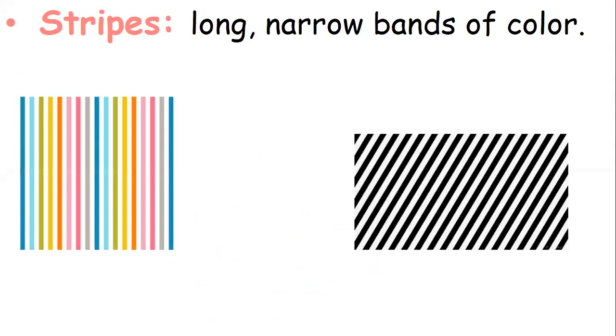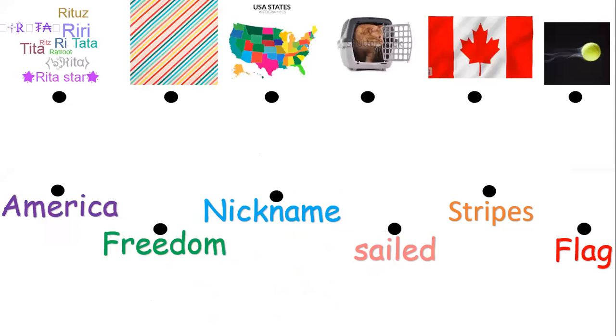What's the meaning of stripes? Stripes mean long, narrow bands of color. As you can see down, you have two pictures here that show the stripes, long, narrow bands of color.